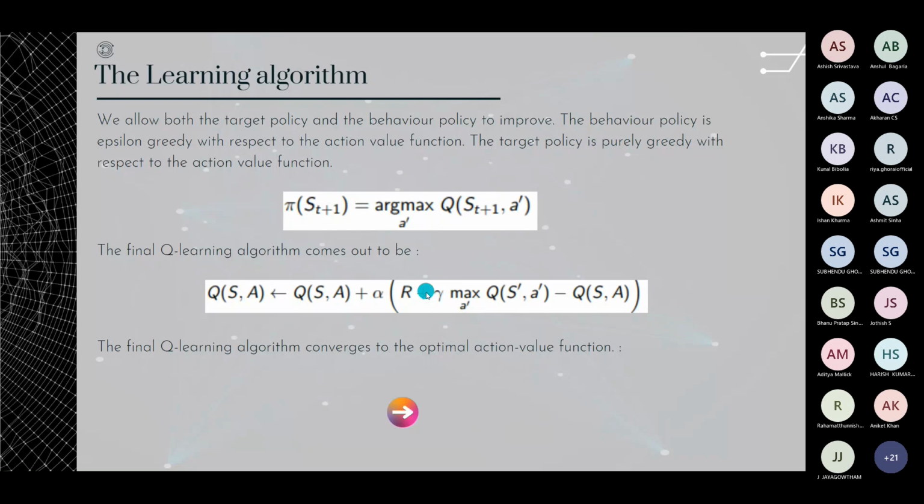Gamma tells how much we value the future versus the present, and we subtract all of this from the current value of the action value. We then use the entirety of this to update the current value of the action value function, and this finally converges to what we call the optimum action value function. If you have not understood this right now, don't worry.